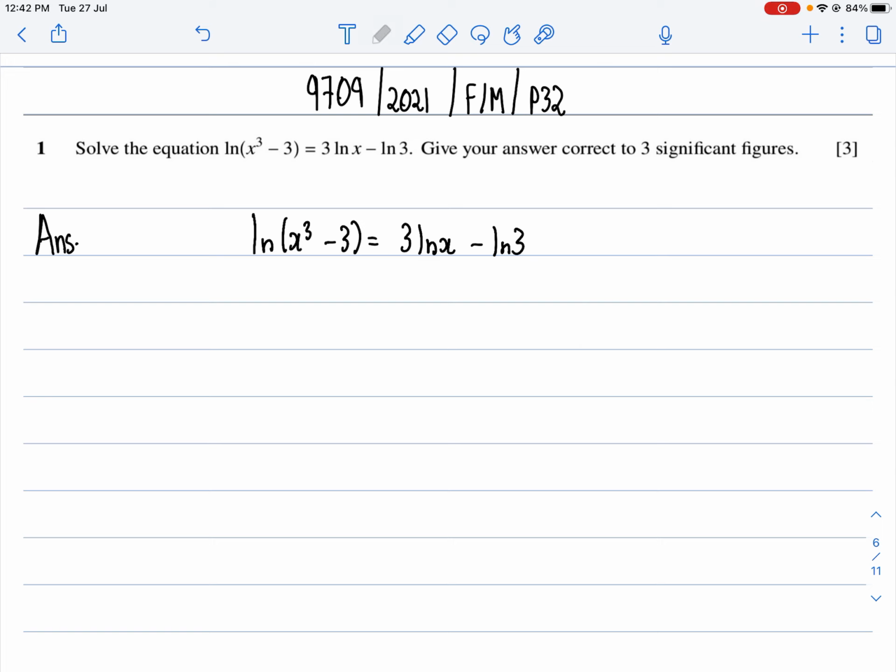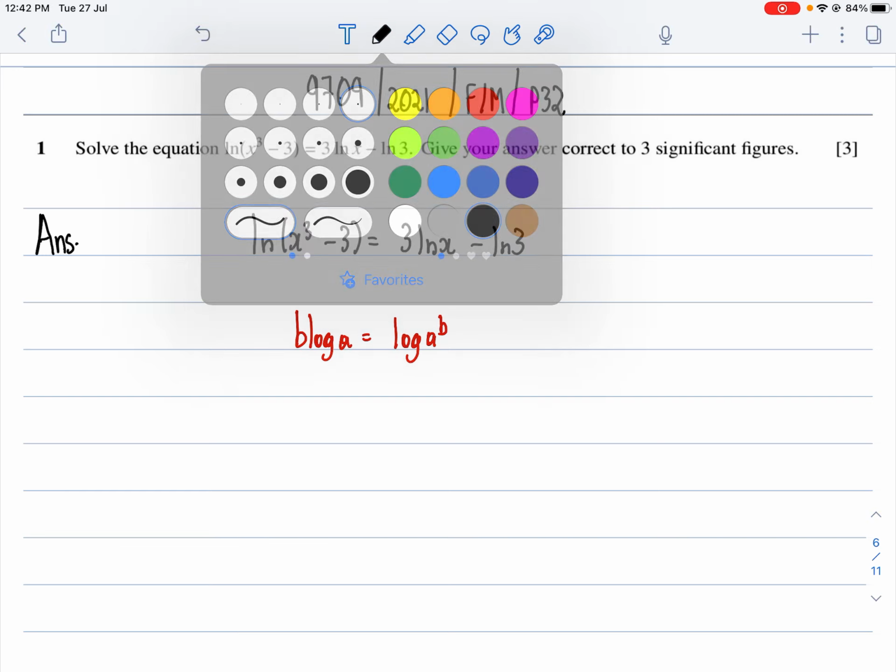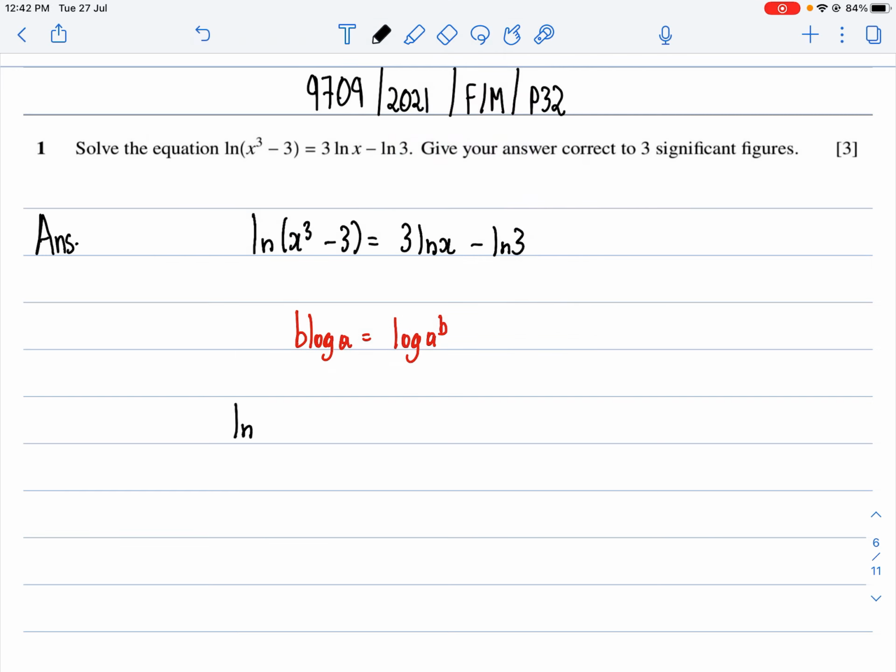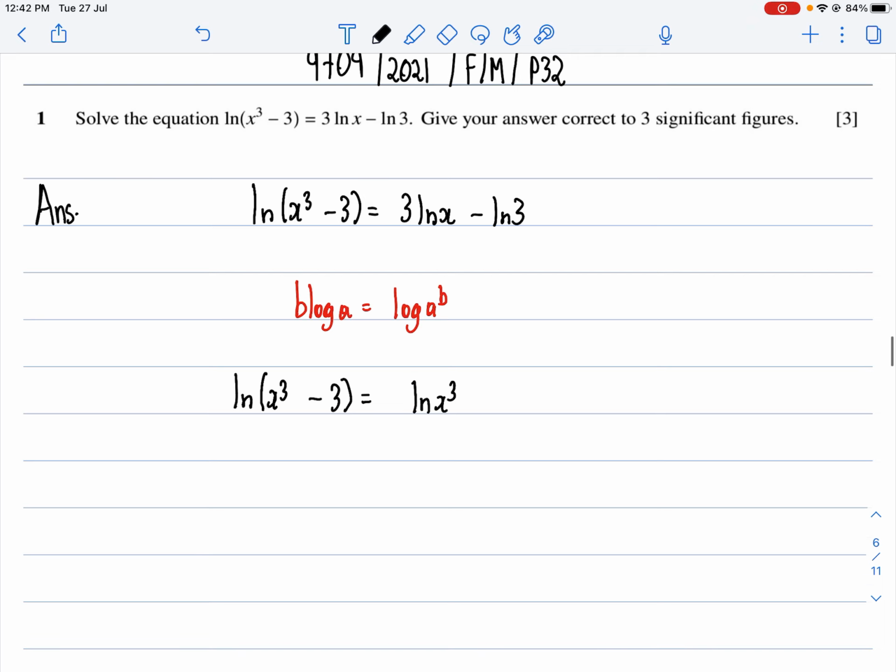Correct? So the first log property which I can use is that b log a is equal to log a raised to b. So I can write this as ln of x cubed minus 3, which is equal to ln x cubed, because I can use this property here, minus ln 3.